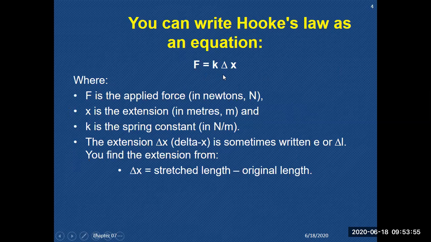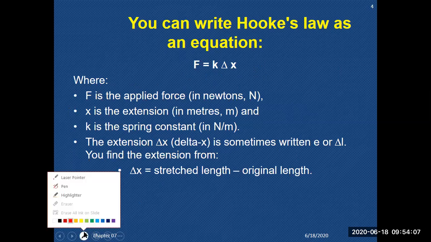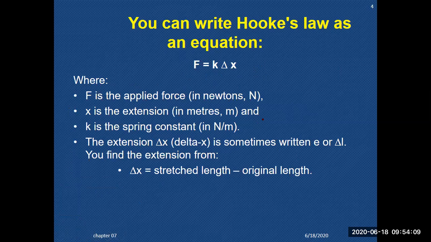And then what happens? This is F. You can write Hooke's law in this formula: F is equal to Kx. Mathematically, it is written like this: F is directly proportional to the strain produced, x. The more force you apply within the elastic limit, the more strain, the more extension you will be able to produce.